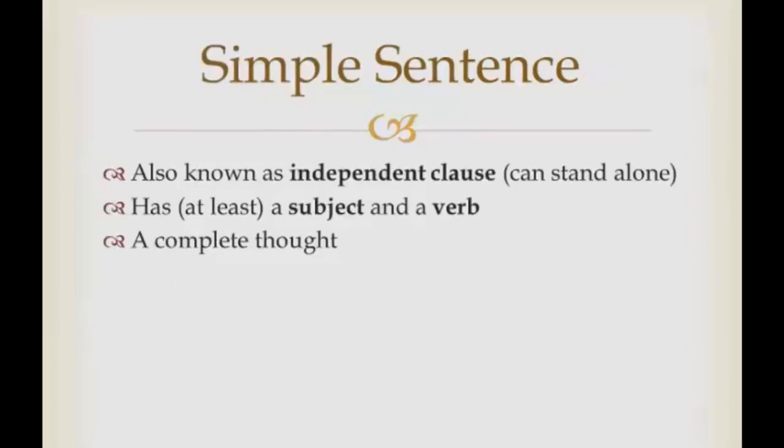The first one, simple sentence. A simple sentence is also known as an independent clause. It's independent because it can stand alone on its own by itself, and it makes perfect sense. So it has at least a subject and a verb.